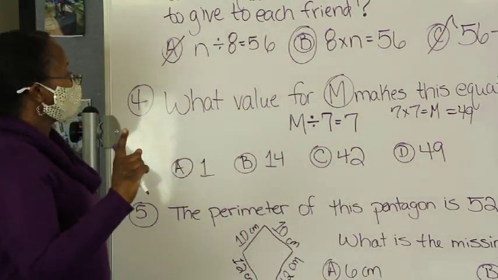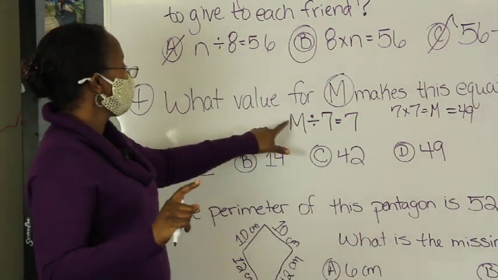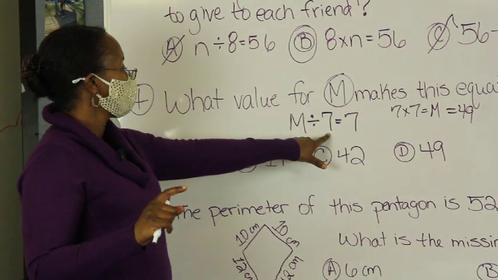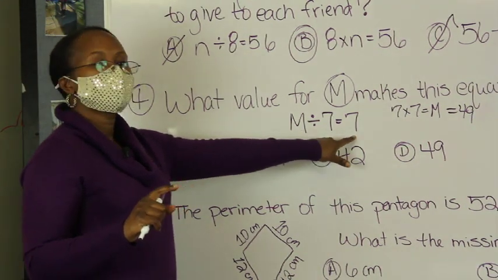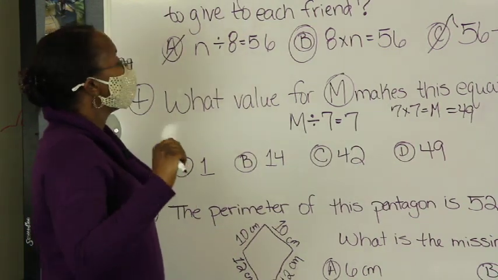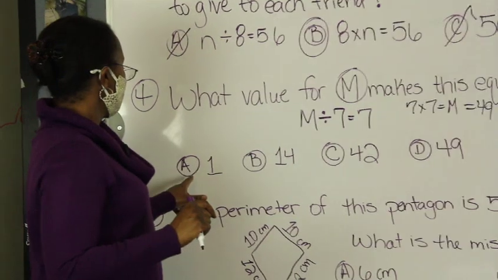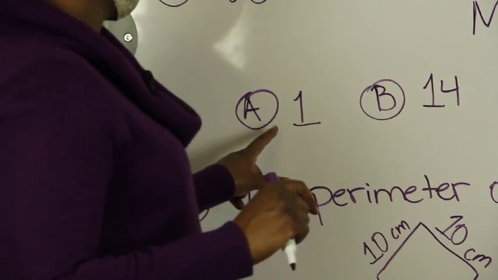Now you can check your answer just to make sure. If you put 49 divided by 7, will it equal 7? It should equal 7. So now that you have some type of an idea what your answer is going to be, let's go look at your answers.